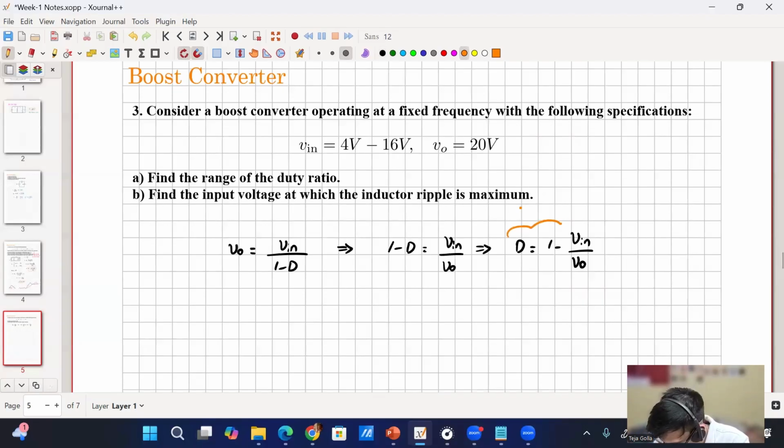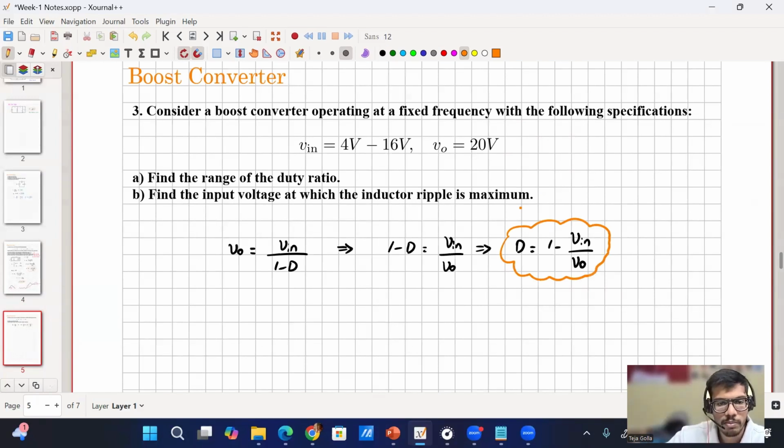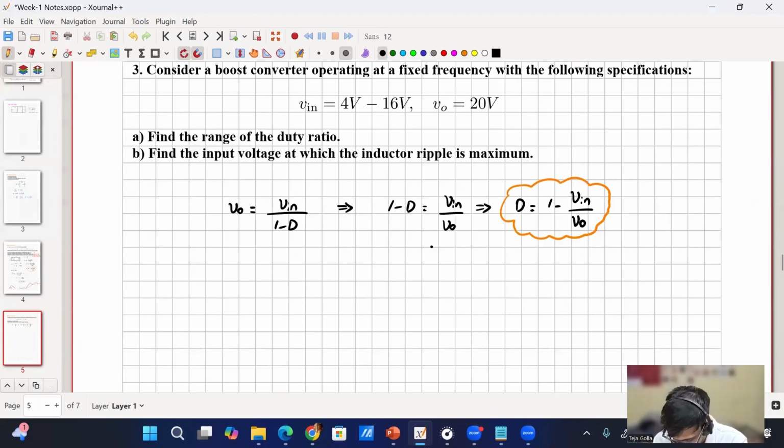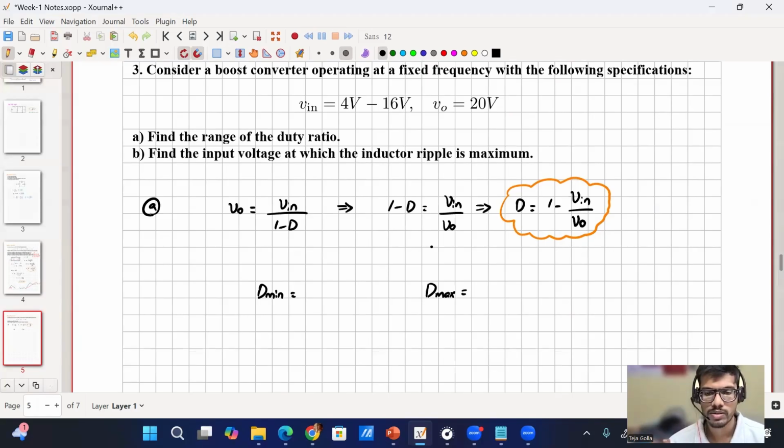Can anyone quickly calculate the duty ratio and let me know the range, D minimum and D maximum?